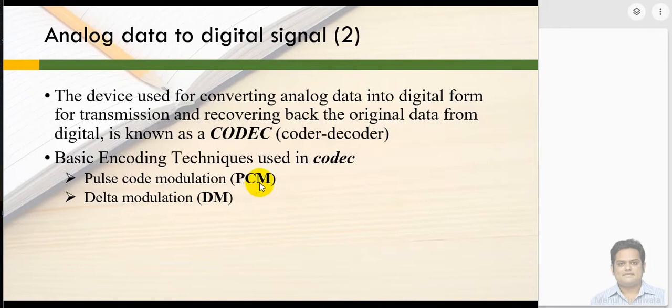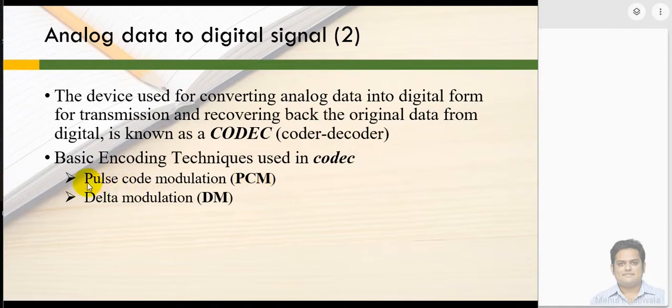So basically, as I have told you, our goal is to convert this analog data into digital data, and then whatever digital data has been created, we can use the techniques through which we can send data over the digital signal, right? So let me start with PCM.